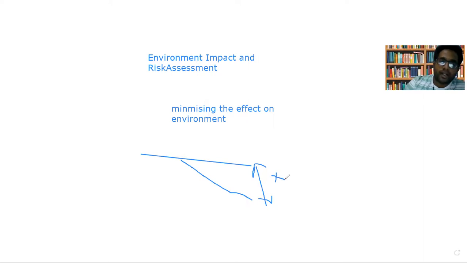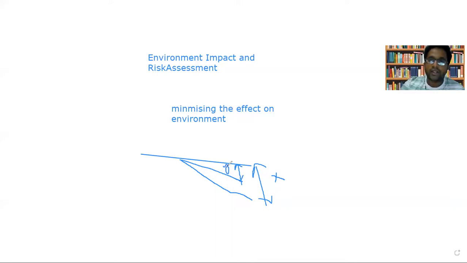The same developmental project you have carried out after conducting an impact study. After conducting an impact study and implementing some of the principles by which there can be a reduction obtained in the impact, or a reduction obtained in the risk, there can be a reduction obtained here, and this reduction can be noted down by a variable Y.